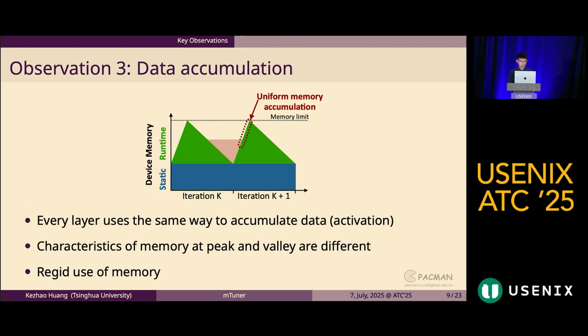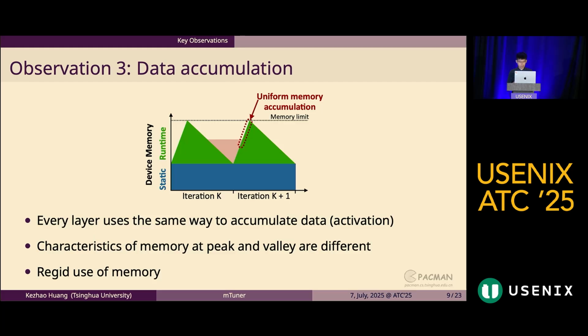And the third is how data, especially activations, are accumulated during training. Currently, every layer uses the same fixed strategy to accumulate activation data throughout the forward and backward paths. But as we saw earlier, the memory characteristics during peak and valley periods are quite different.